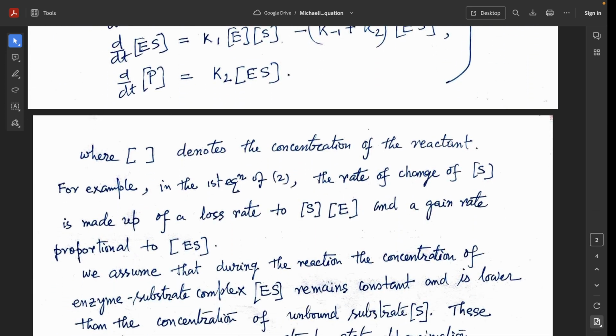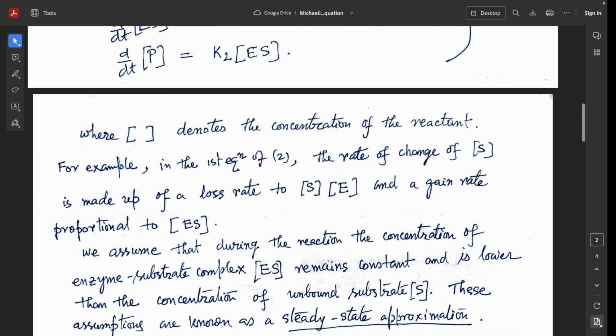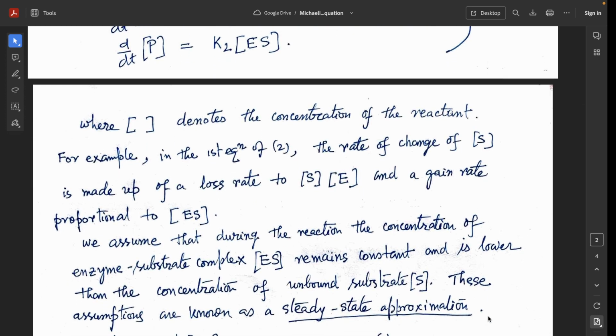Now we assume that during the reaction the concentration of the enzyme substrate complex ES remains constant. So the derivative of concentration of ES equals 0, and the concentration of enzyme is lower than the concentration of unbound substrate S. These assumptions are known as the steady state approximation.